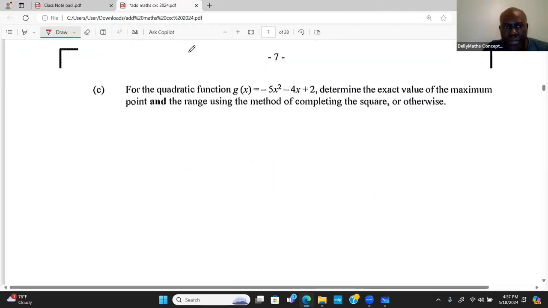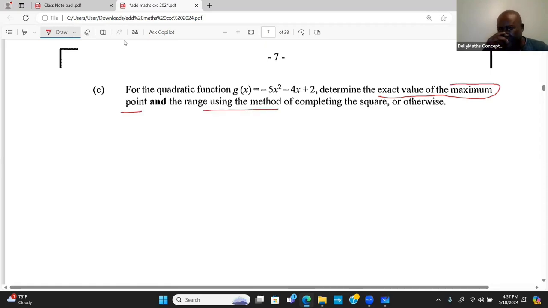The question says, for the quadratic function g of x is equal to negative 5x squared minus 4x plus 2, determine the exact value of the maximum point and the range.